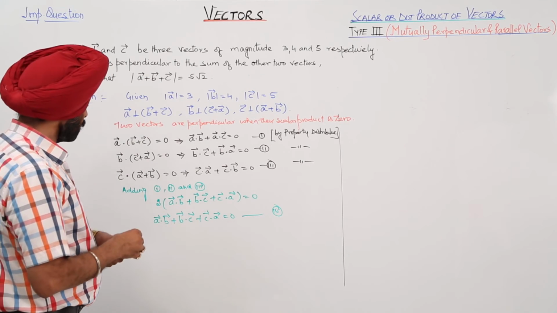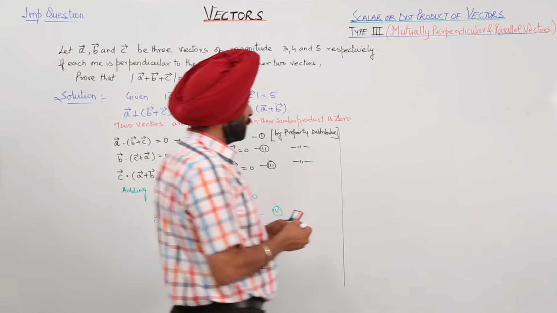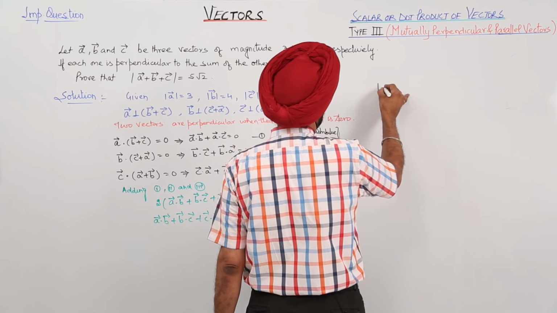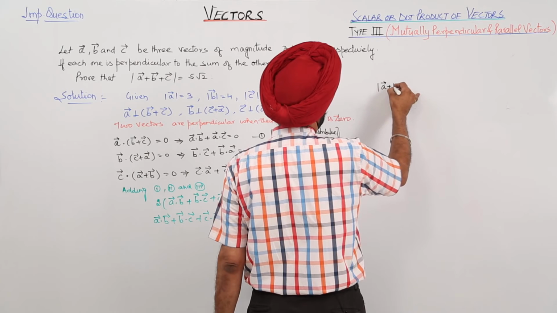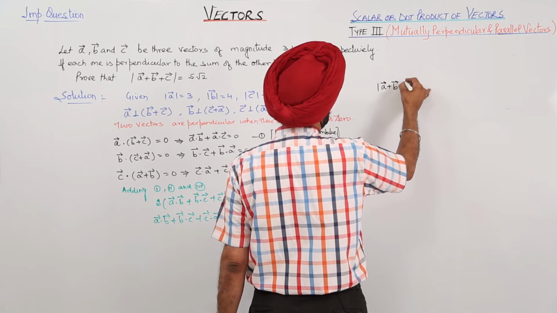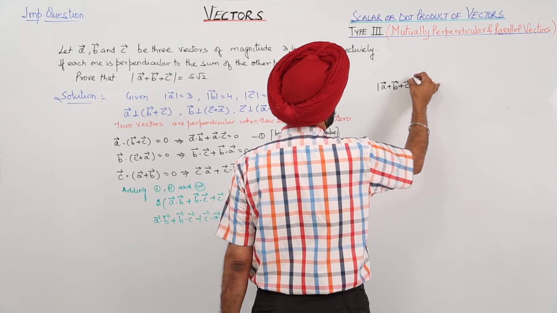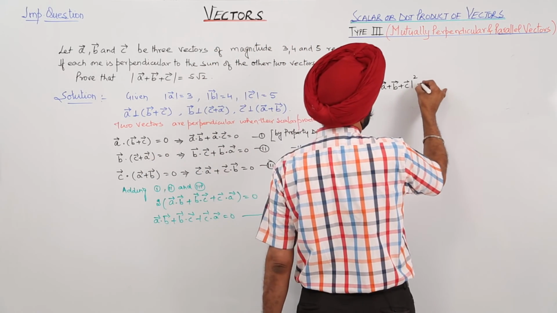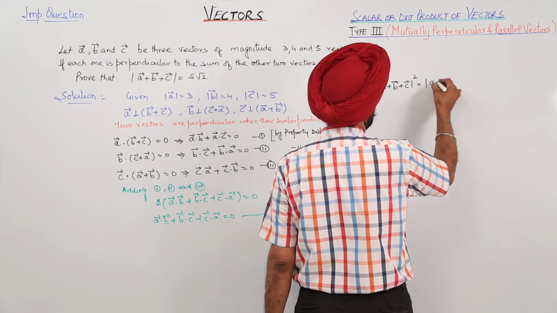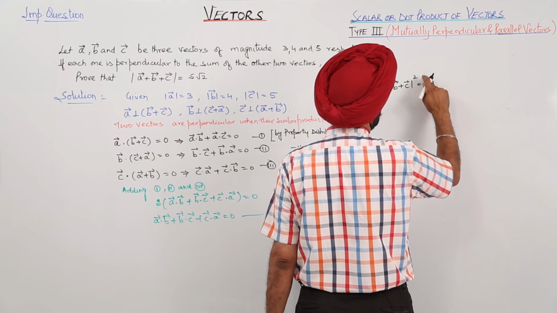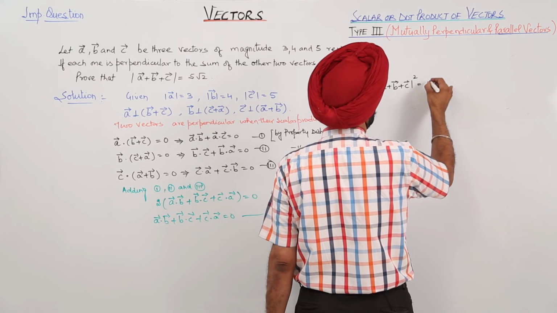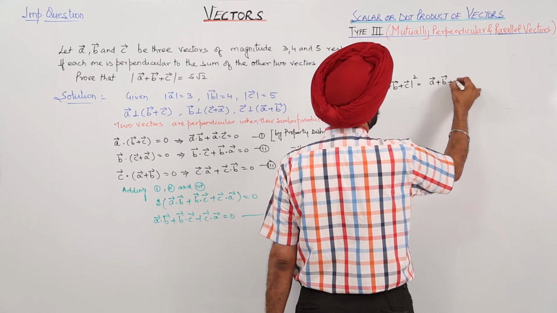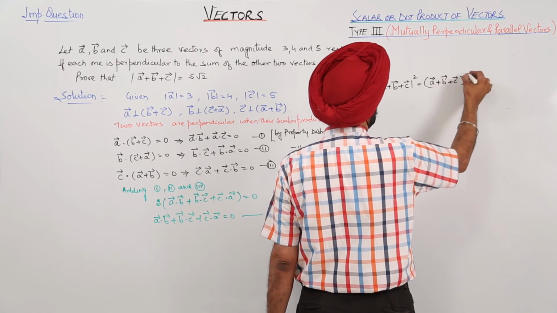Now, we have to prove the magnitude of vector A plus vector B plus vector C. Its square will be vector A plus vector B plus vector C whole square.